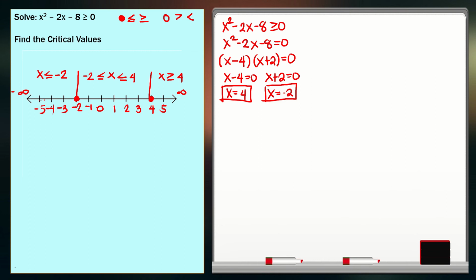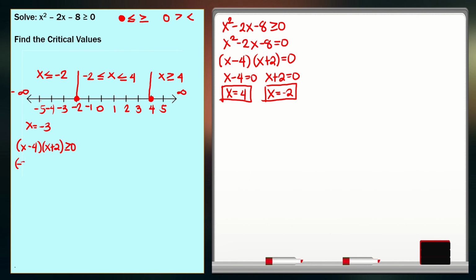Now let's apply a test point in our problem. We're going to test a number from each interval against the inequality. Let's say we're going to use negative 3. So x is equal to negative 3. We will use the factors. We have x minus 4 multiplied by x plus 2 is greater than or equal to 0.